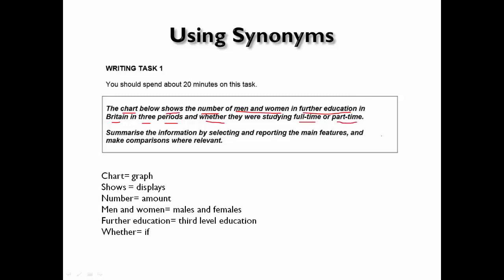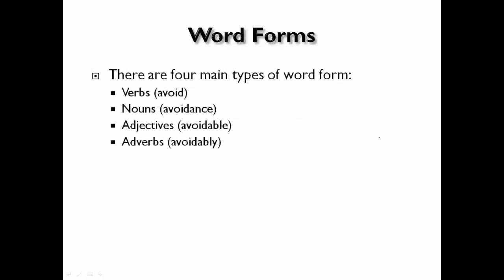So there are other ways that we can paraphrase, and one of the other ways is word form. So there are 4 main types of word form. There are verbs, there are nouns, there are adjectives, and there are adverbs. For example, the verb to avoid, the noun is avoidance, the adjective is avoidable, and the adverb is avoidably.